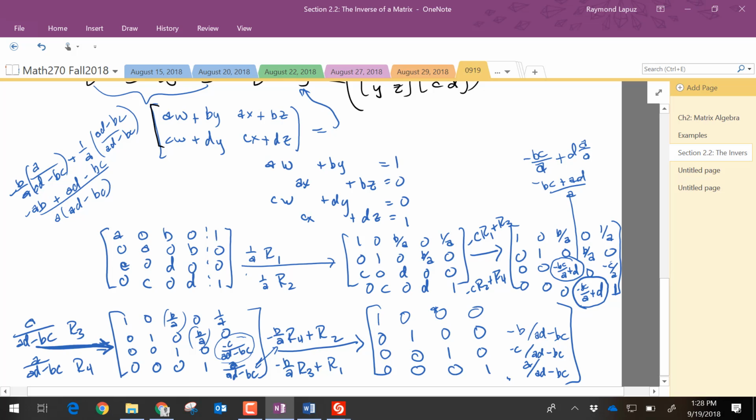Okay, what were we doing again? We're multiplying minus B over A. Oh, sorry, I need to do row 3. So I need to do this thing. So this should be a minus C, right?